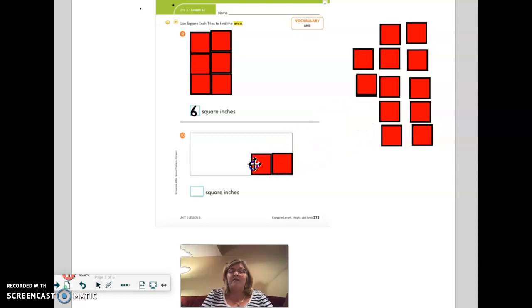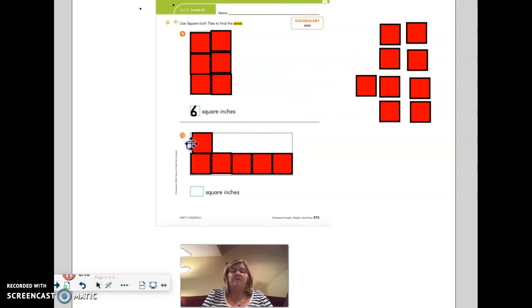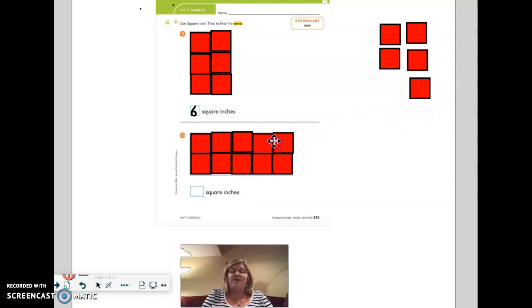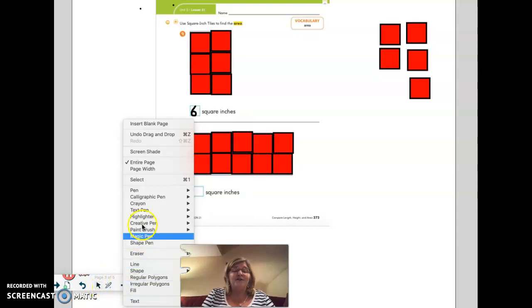1, 2, 3, 4, 5, 6, 7, 8, 9, 10. Oh my goodness, that took a lot of square tiles.